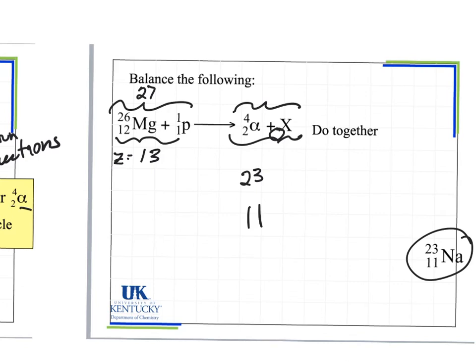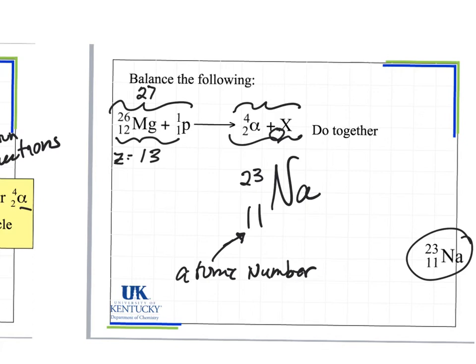That is, of course, the symbol for the particle here. And we get that by looking at this number 11. If you go to a periodic table and you find the atomic number of 11, that's where you will see that it is sodium. So that is a typical balancing of a nuclear reaction.